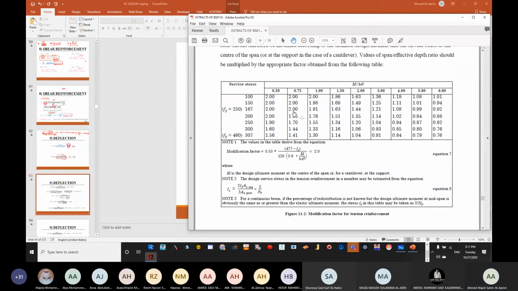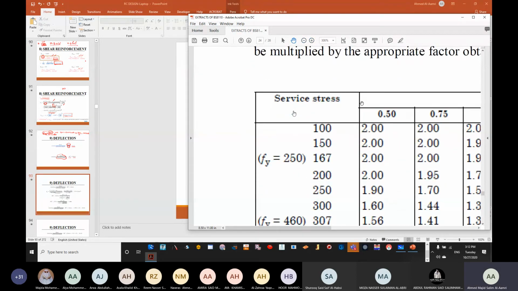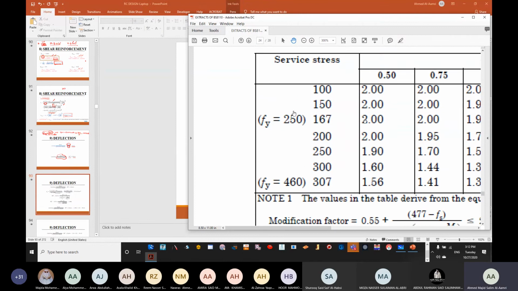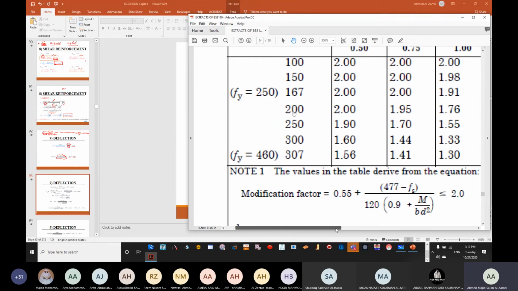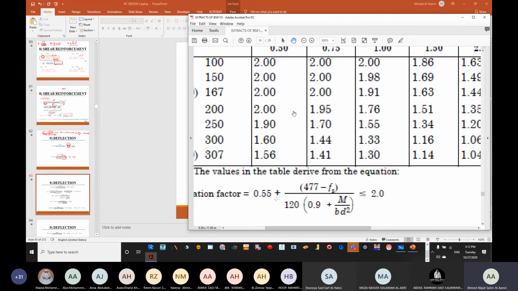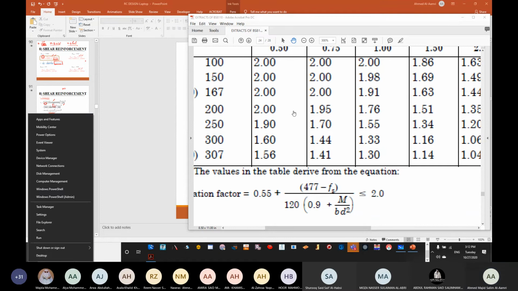If you can see here, it says that the modification factor is equal to 0.55 plus (477 minus fs) divided by 120 times (0.9 plus M over bd square). Now we have the M value, we have the b value, we have the d square.